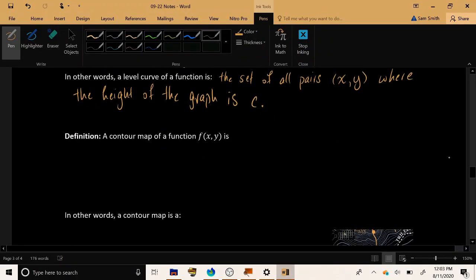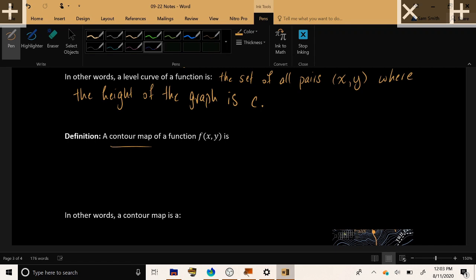Now, one of these level curves is not especially useful. But when you bunch a collection of level curves together, you get a very interesting depiction of the function's graph, which is called a contour map.